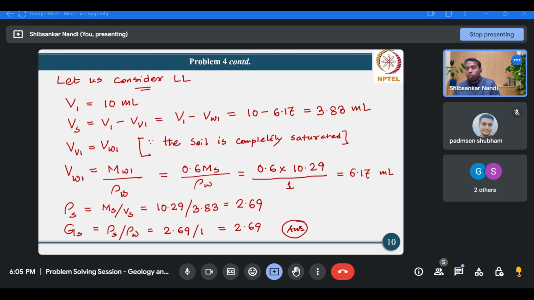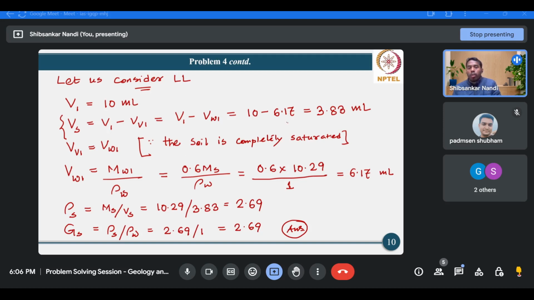Please keep in mind that the volume of solid will not change. It's constant. The solid component will not change. Mass of solid as well as volume of solid will remain the same. Only the total volume and the volume of water will change, because for the shrinkage limit this will be 0.25 times ms. So here you will be getting a different value.